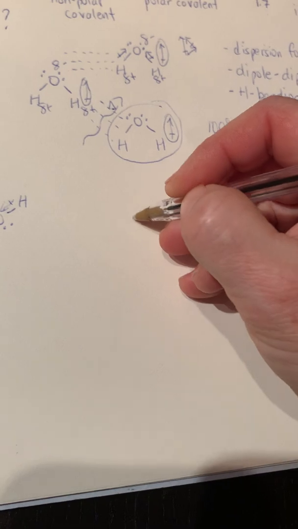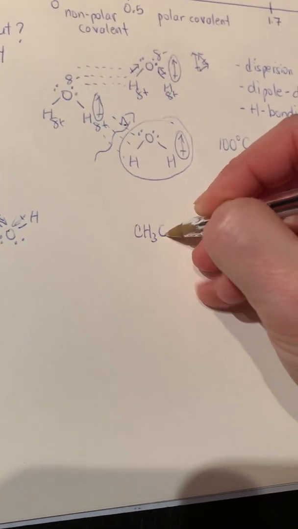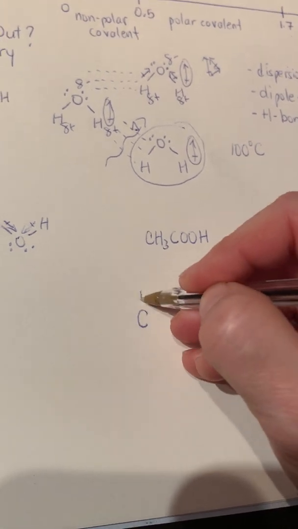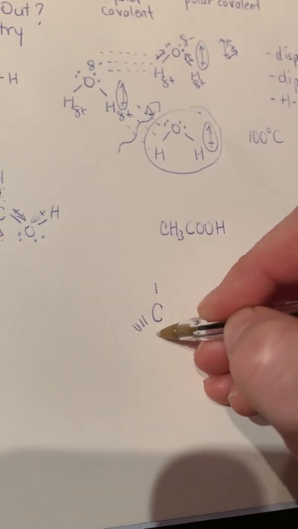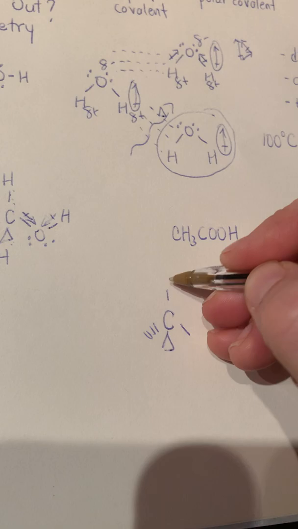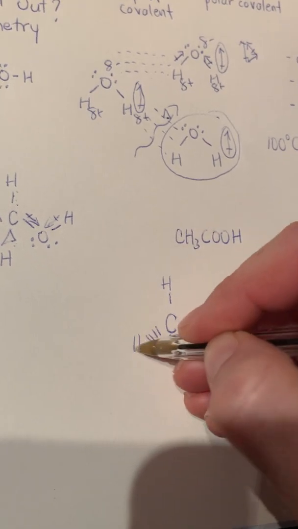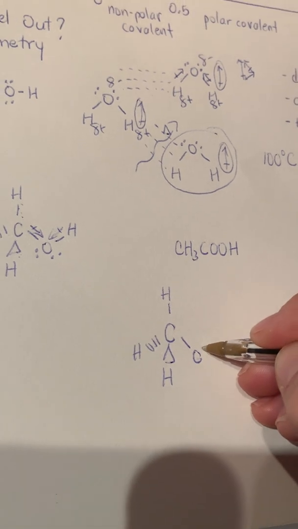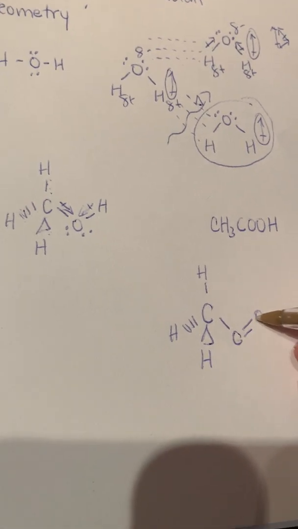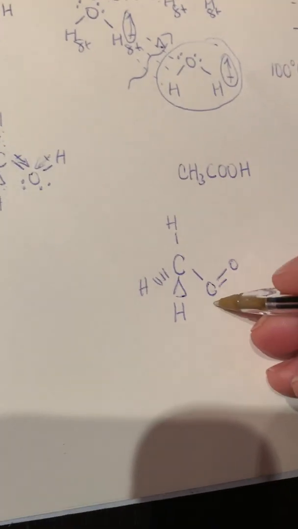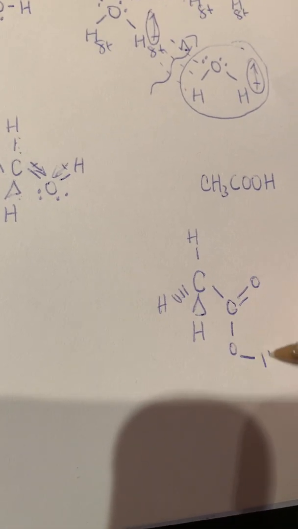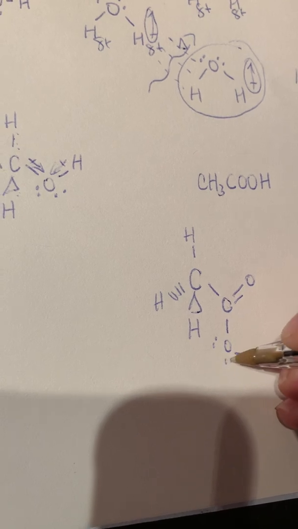Something like acetic acid, CH3COOH, we just draw one at a time. So we have our tetrahedral structure around our carbon, C double bond O, and our trigonal planar around this carbon, and our bent around the oxygen.